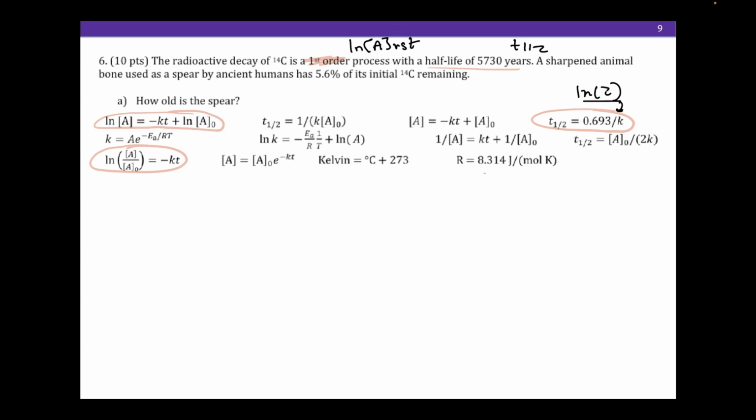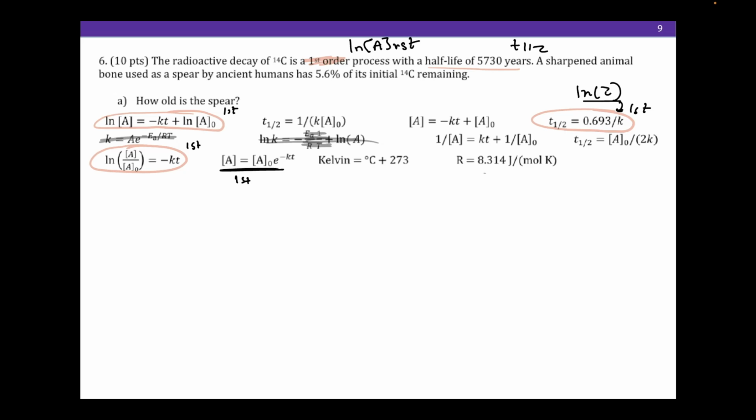These all apply to first order processes. Don't try to apply these types of equations, right? This is what we did previously, Arrhenius equation. Even though it also has a T, but a capital T and an A in it, these are just a completely different sort of phenomenon. This equation here does also apply to first order, just a slightly different way of writing it.